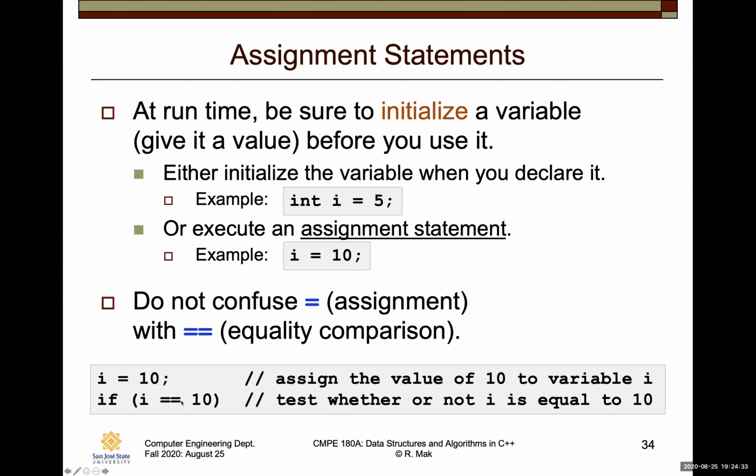I think some of the newer compilers will actually warn you if you use a single equals inside an if statement. It'll put out a little warning that says, did you really mean equals or equals equals? But some of the older compilers just let it go by, and then your program doesn't work, and you wonder why, and you spend all night looking for the bug before you spot it.